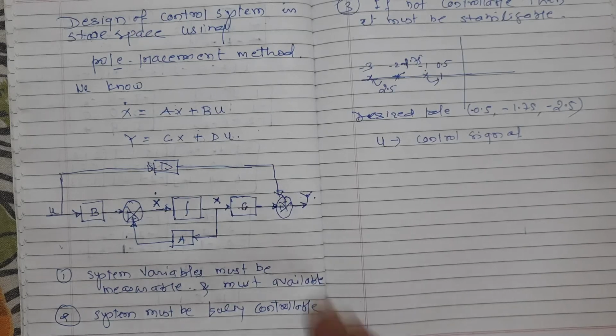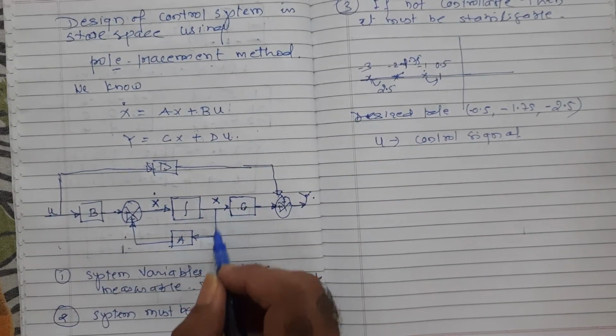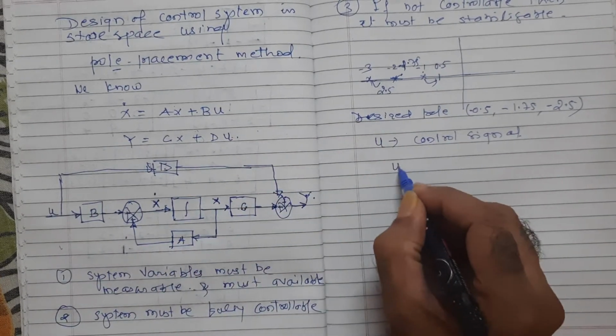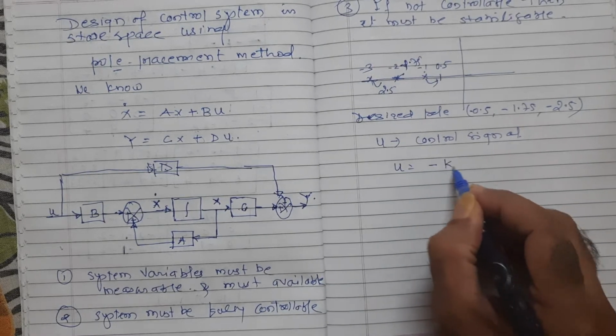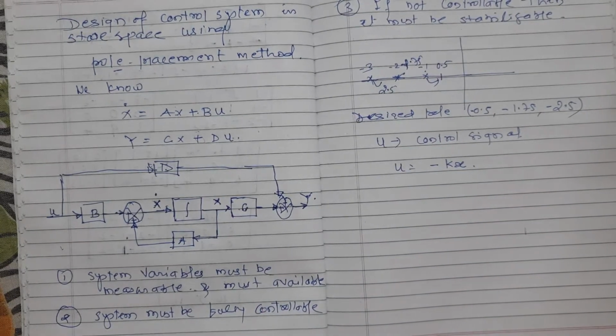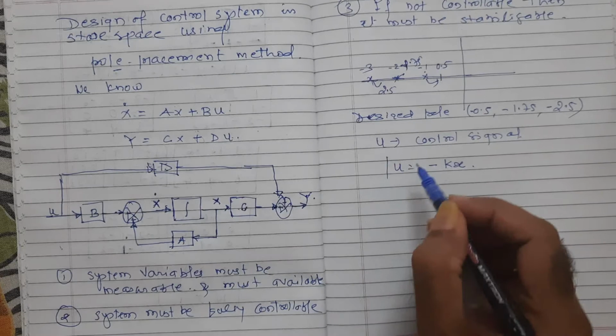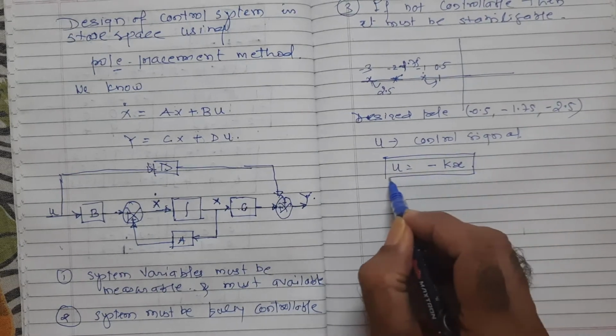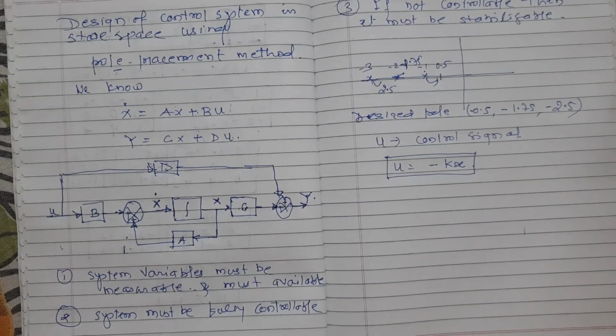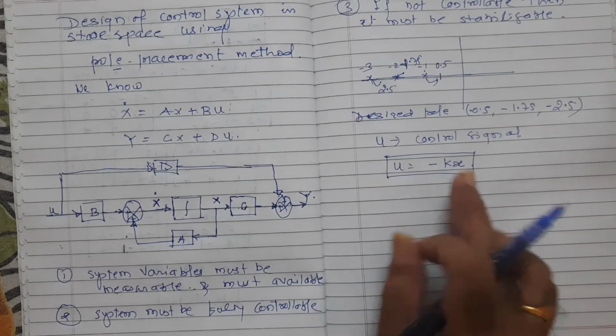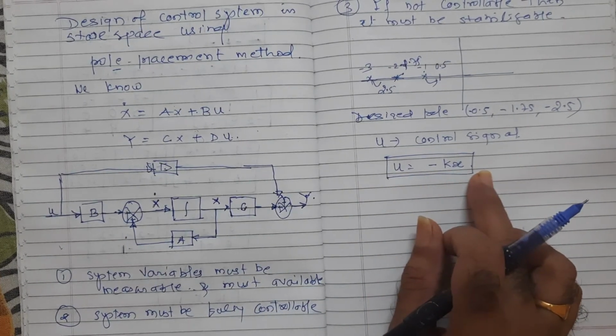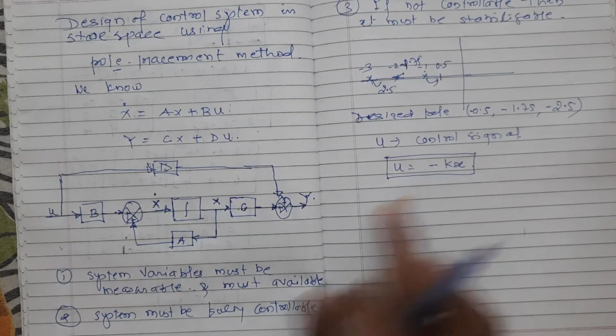I will use this control signal which is based on my feedback. So u is equal to minus k into x.